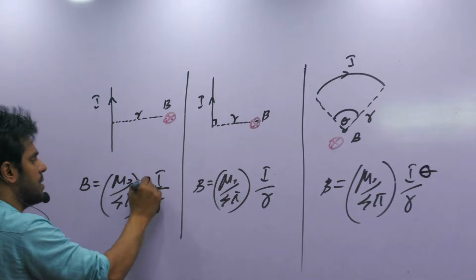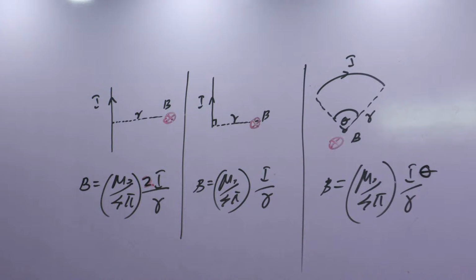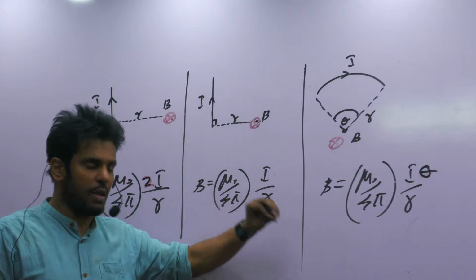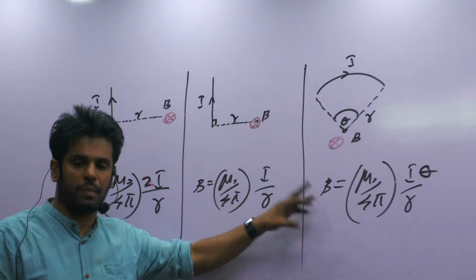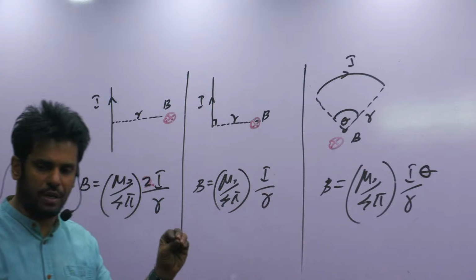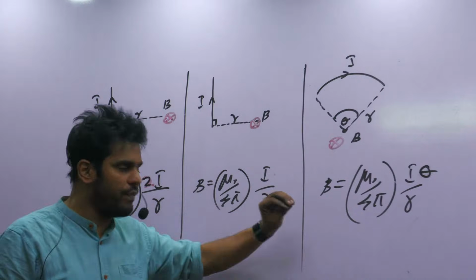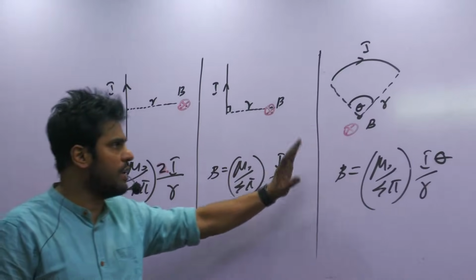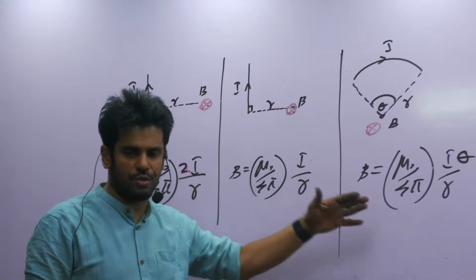Definitely, they will ask questions to find the magnitude of magnetic field using these three equations in the exam. Every year they ask, what is the magnitude of magnetic field here?